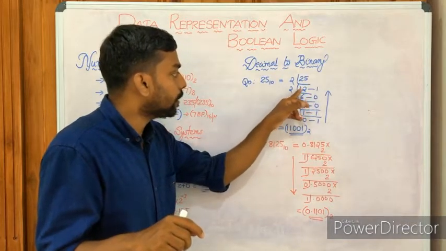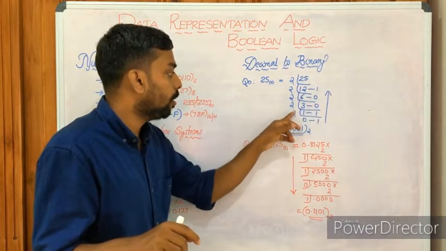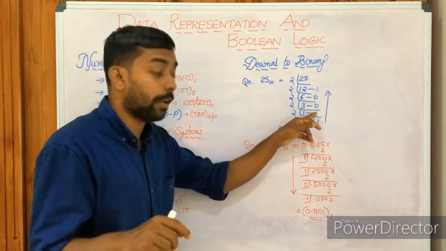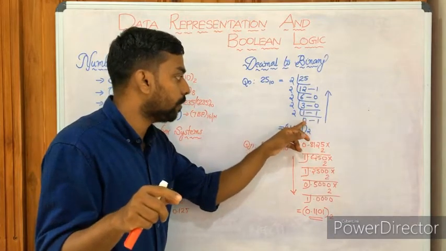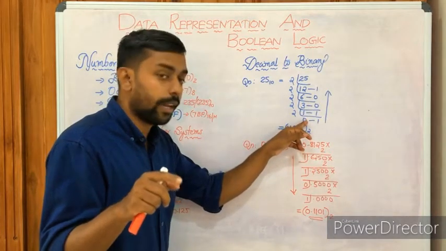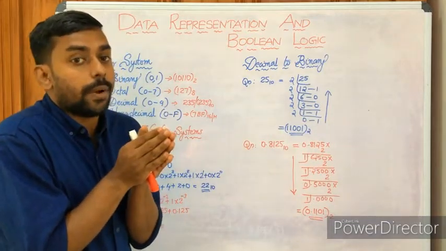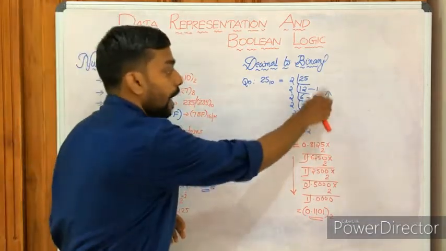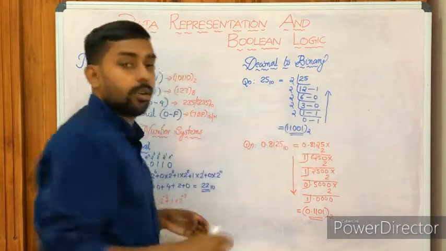Here you cannot divide 1 by 2, so we write 0 and remainder 1, and we read the values from bottom to top. You can see the arrow. The result is 11001 base 2.